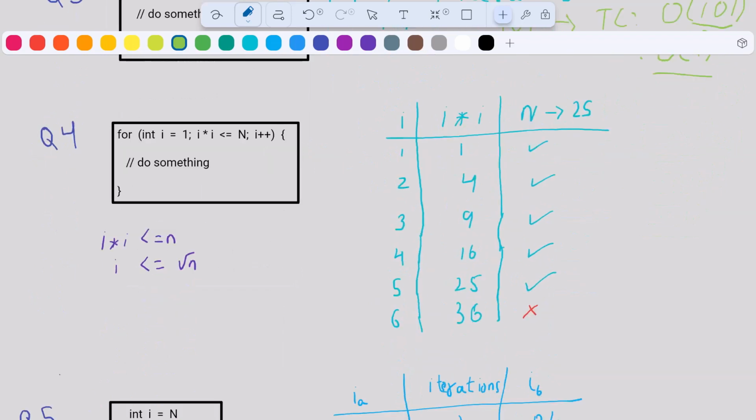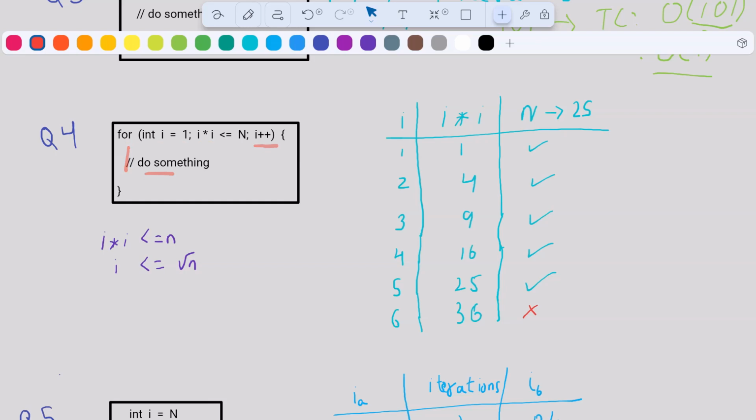Now just try to focus on this problem. Just pay attention. Okay, just see this loop: it starts from i equals 1. In the condition, it checks that i multiplied by i is less than or equal to n, and then i plus plus, and we are performing some task over here.